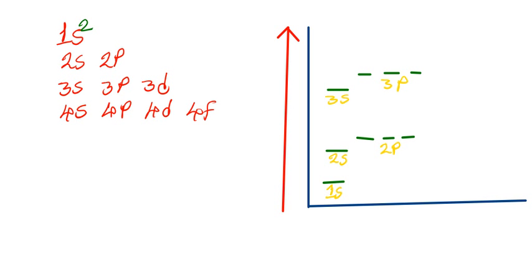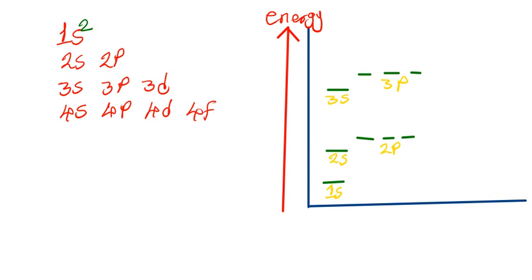If we go back now, this arrow is showing us this is energy. You are going to have a nucleus. The 1s is the energy level which is closer to the nucleus. So the closer the shell of an atom is to the nucleus, the lower the energy. As you move away from the nucleus, the energy increases.